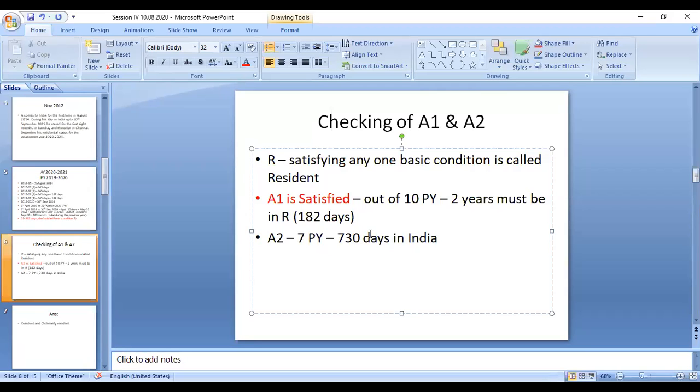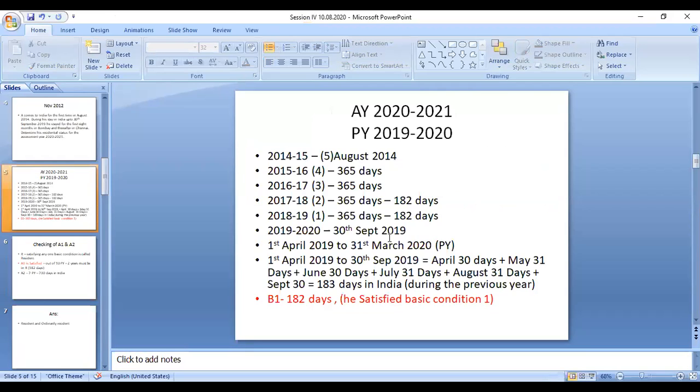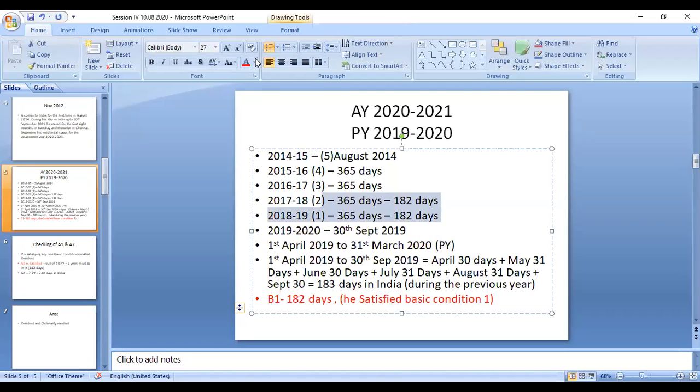Right, now we can take the 7 previous years. In the 7 previous years, he stayed in India for 5 or 6 years only. So in the 7 years he needs only 2 years. He also satisfied that. 730 days, so 365 plus 365 days, 2017-18 and 2018-19 also. This whole period he is in India only.